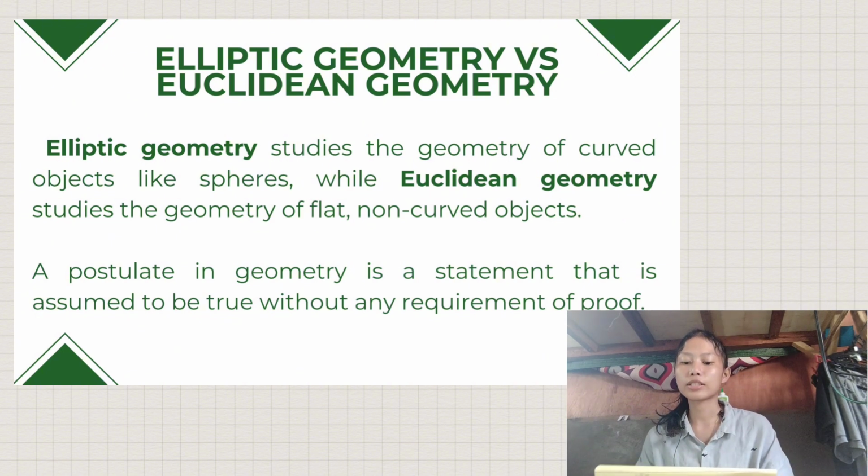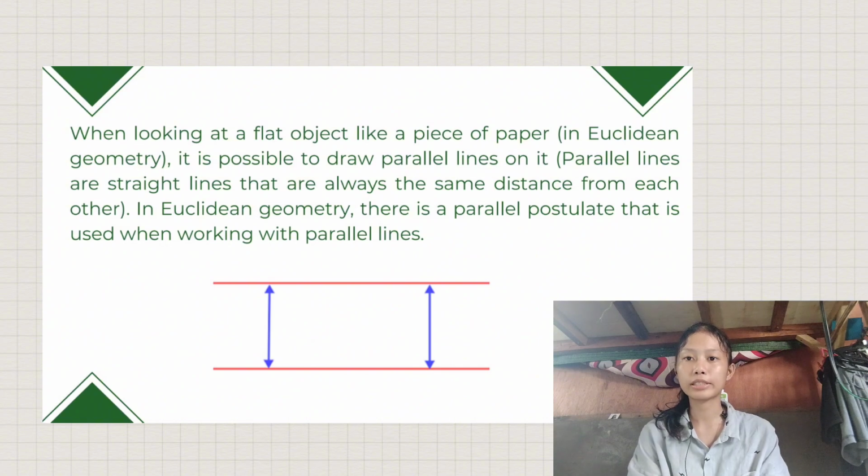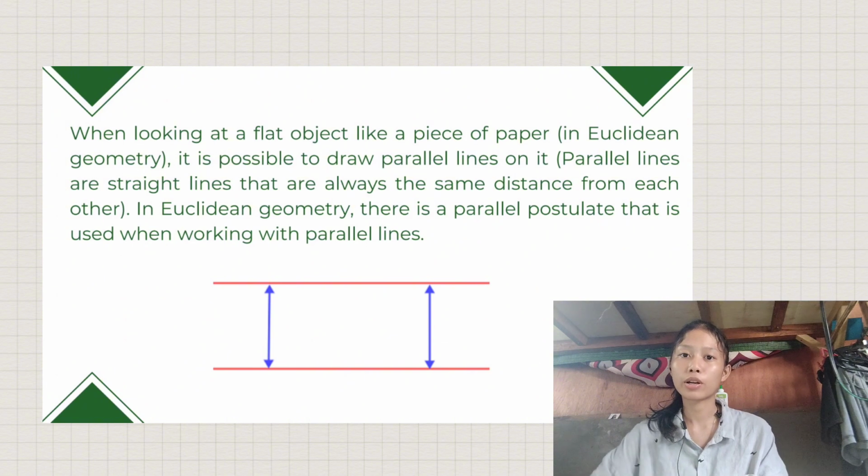A postulate in geometry is a statement that is assumed to be true without any requirement of proof. When looking at a flat object, like a piece of paper, in Euclidean geometry, it is possible to draw parallel lines on it. Parallel lines are straight lines that are always the same distance from each other.